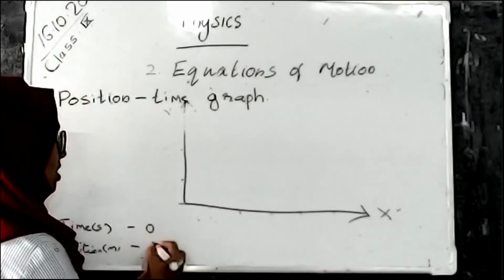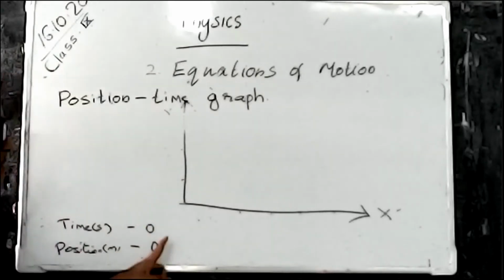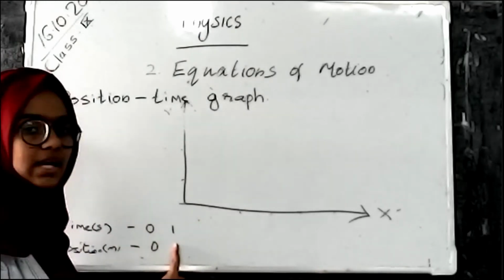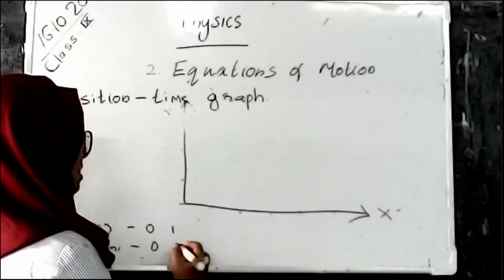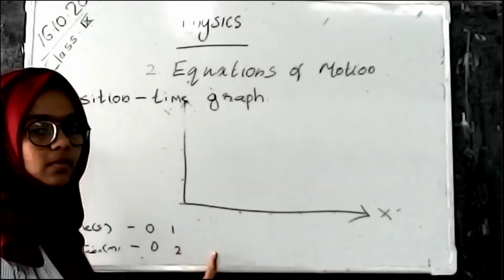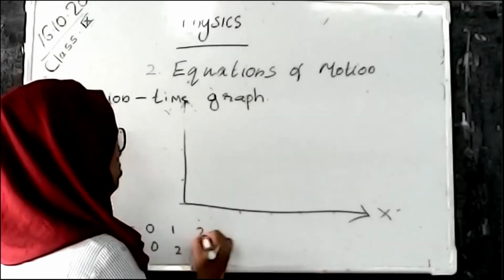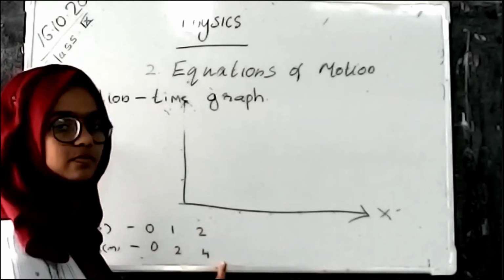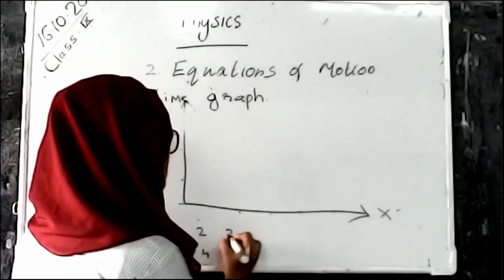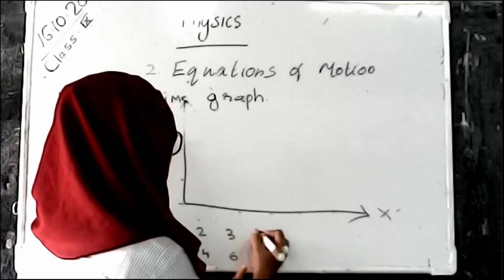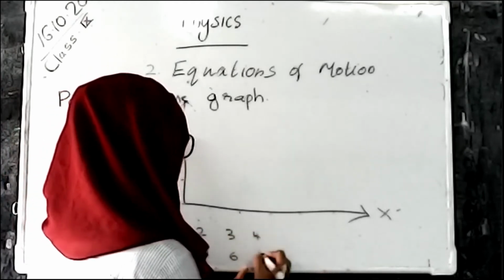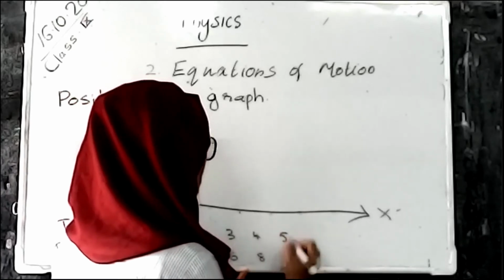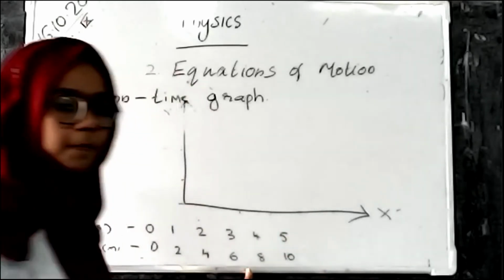Zero time has zero position, and when the time comes to 1 second, the position is 2 meters. At 2 seconds, the position is 4 meters. At 3, it comes to 6, at 4, it comes to 8, and the last is 5 and 10.